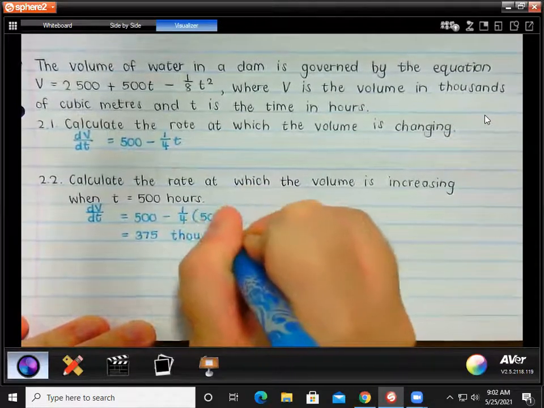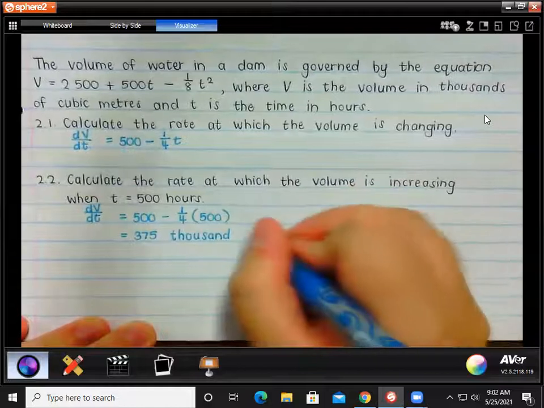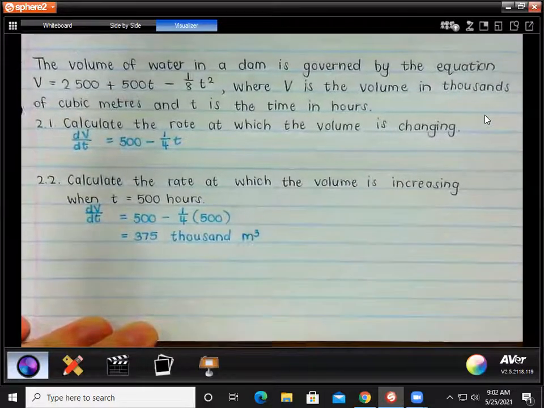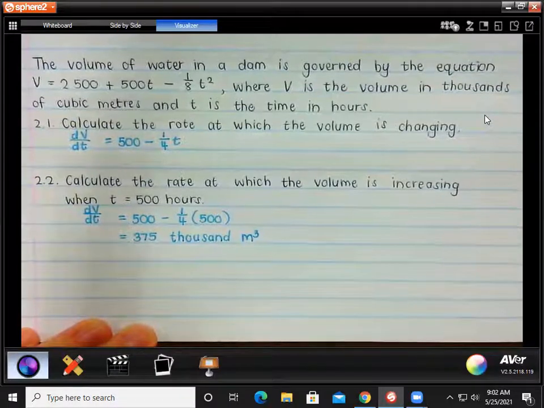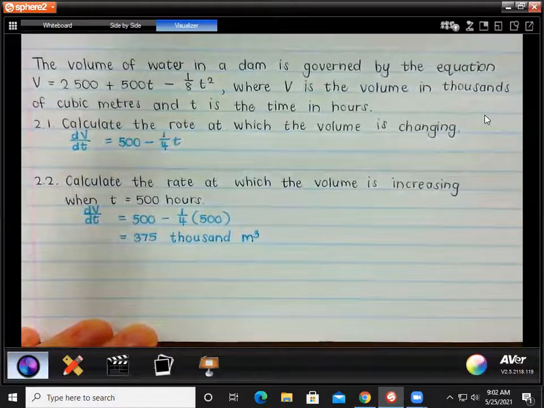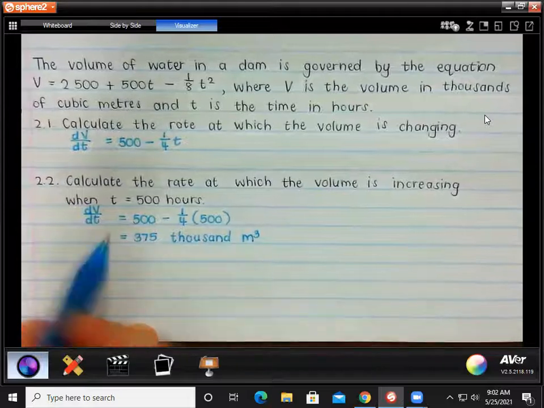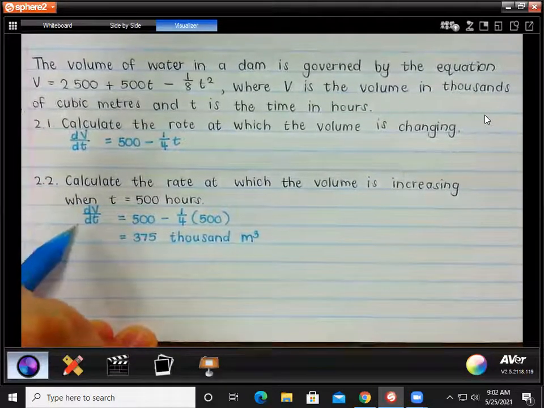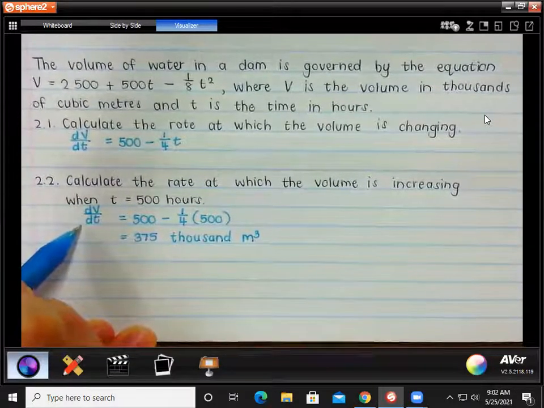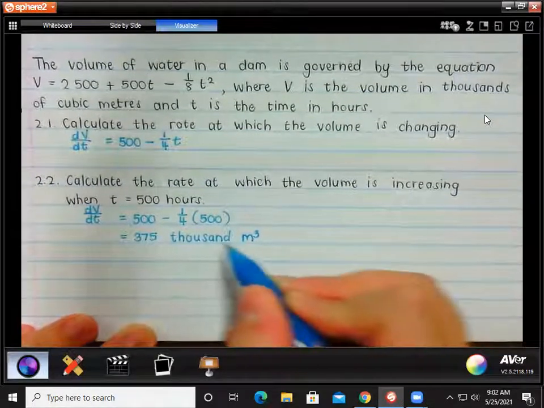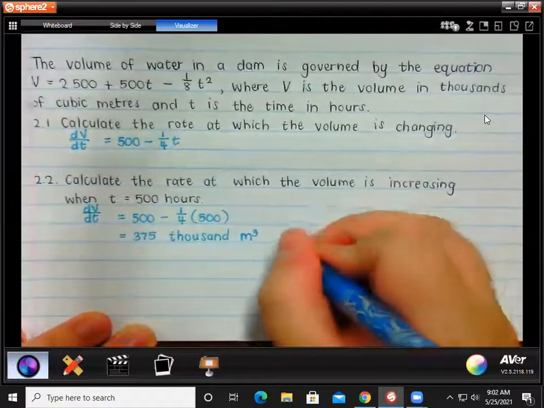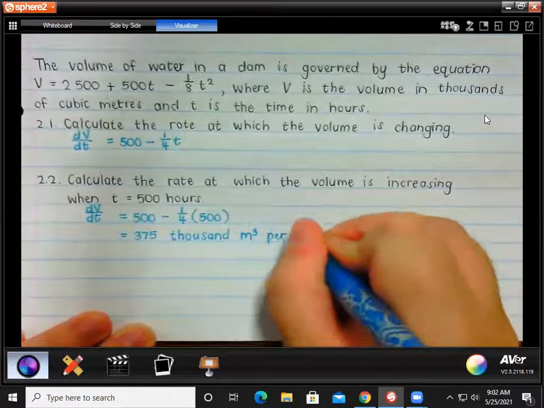Or you can actually do the 000 if you wanted to, but I just want to show you that this would also be fine. All right, so 1,000 meters cubed, you can do it right like that. So that was the unit of the value at the top of the volume. And what is the unit of the value at the bottom? Hours. All right, so you're going to say 375,000 meters cubed per hour.